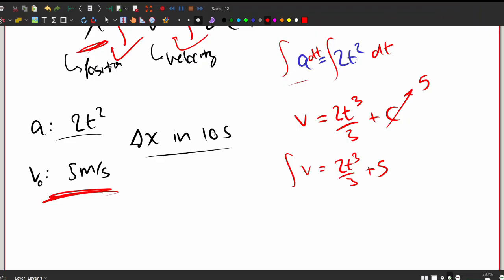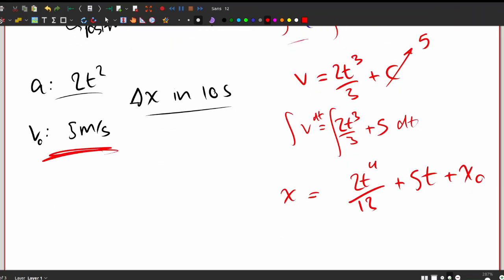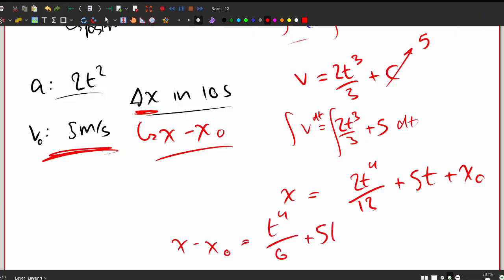If you integrate velocity with respect to time, you get position. So now our position will be mapped by the function 2t to the 4th over 12 plus 5t plus our initial position. We don't need to know our initial position because we're not asked for it. We're asked for the displacement, which is equal to x minus x0. So x minus x0 is equal to t to the 4th over 6 plus 5t.